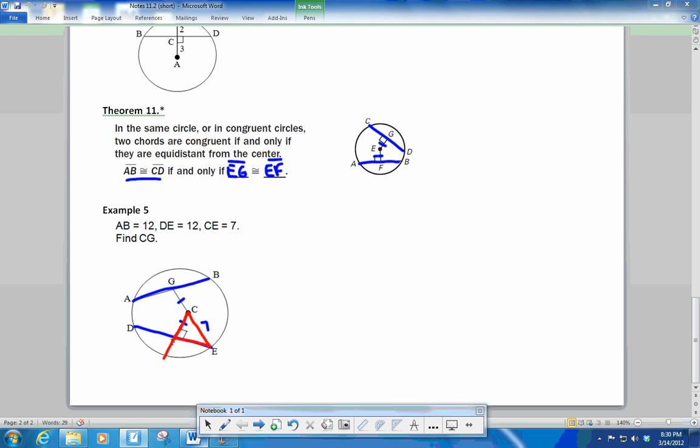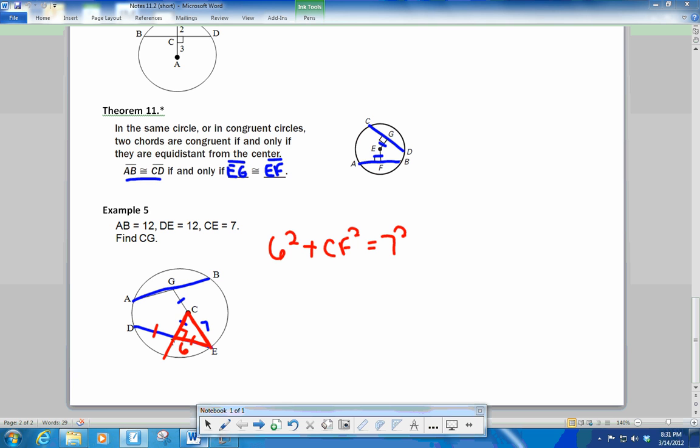And it is perpendicular to DE. And if a radius is perpendicular to a chord, then it bisects that chord. And therefore, this length is half of 12, or 6. And so I have a right triangle here with a leg of 6, an unknown leg, and a hypotenuse of 7.